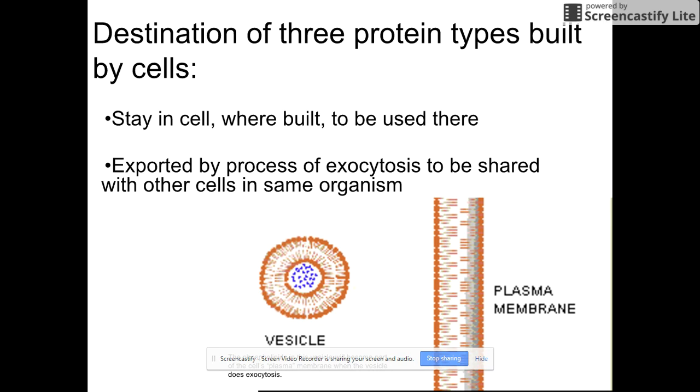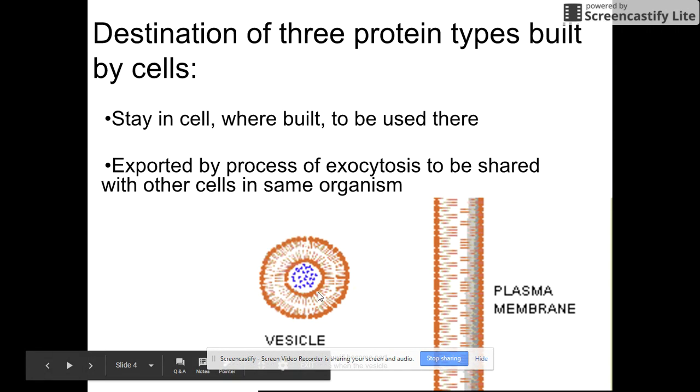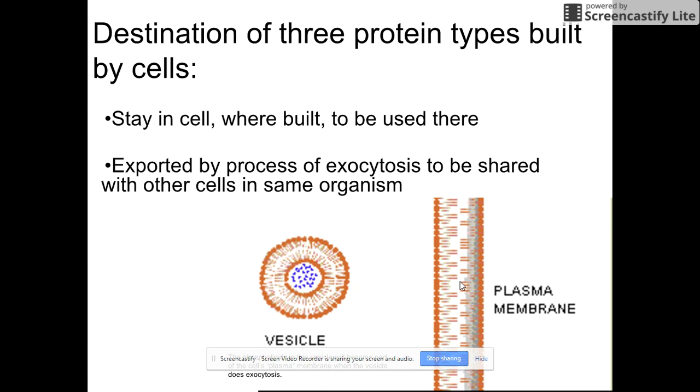So, going back to adrenaline, if the adrenal glands sitting on top of your kidneys make the adrenaline on the inside of their cells, if those adrenaline molecules have to get to the brain and the heart, then that means that the proteins have to be exported out of the cell. So a common way of exporting proteins, let's say these blue things are proteins, is to package them inside a vesicle within the cell and then send that toward the cell membrane or the plasma membrane.